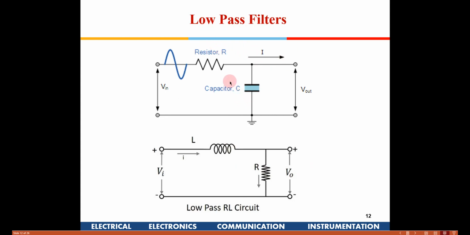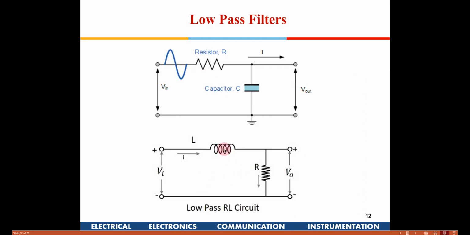Low pass filters will allow the low frequencies to pass through. In this case, the resistance is here and the capacitance is in parallel to the load. At high frequencies, the capacitor acts like a short circuit, so you won't get any output voltage. For low frequencies, it is an open circuit, so the signal comes out without any attenuation.